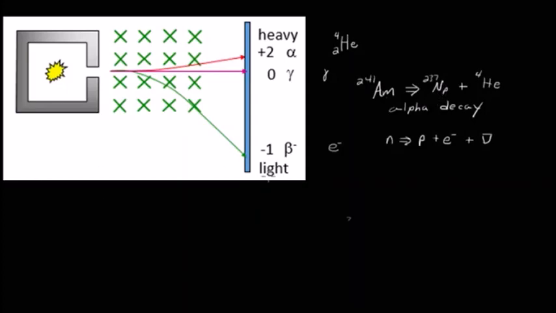All right, but what we want to talk about is something different. We want to talk about what they noticed as these things came out through the magnetic field. They noticed that an alpha particle has 5 megaelectron volts of energy when it's released.